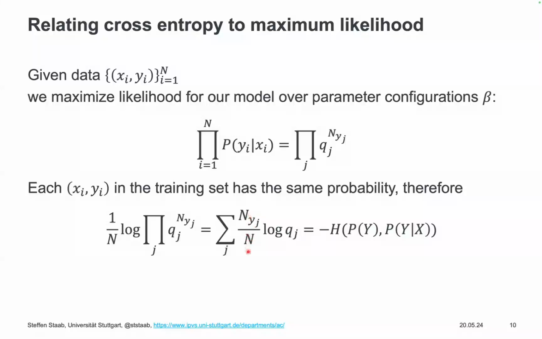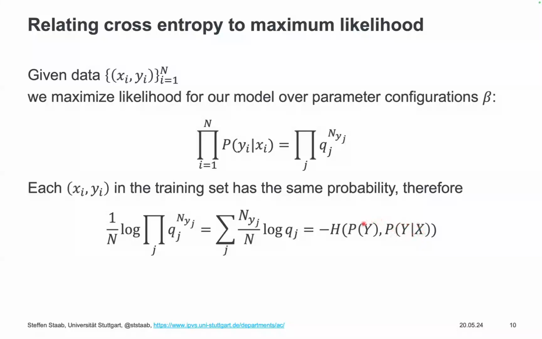And this is a certain distribution over classes. And here I have the probability for each of the different classes. And this is what my model gives me. This is what's in the training data. This is my model. And now this is the formula for cross entropy, or the negative cross entropy to be more precise. I look at the negative cross entropy between the observed distribution and my predicted distribution.